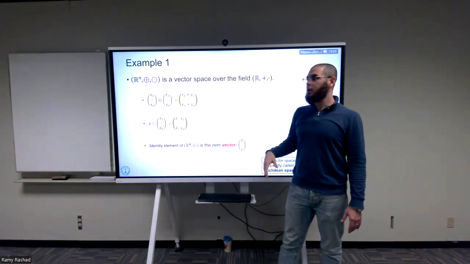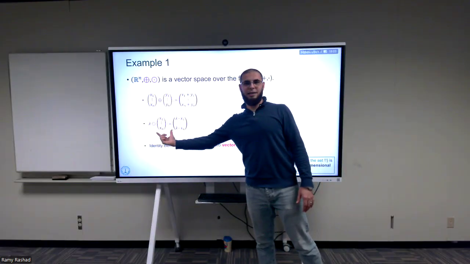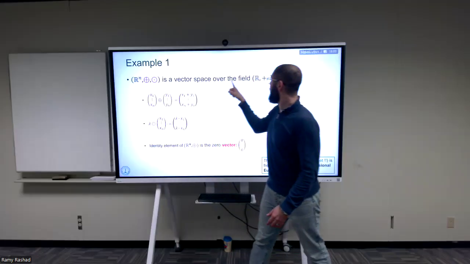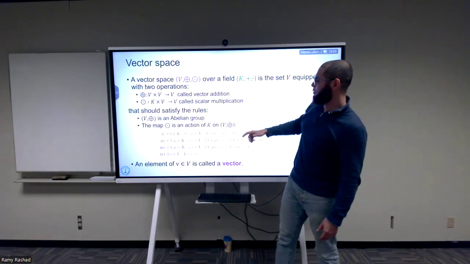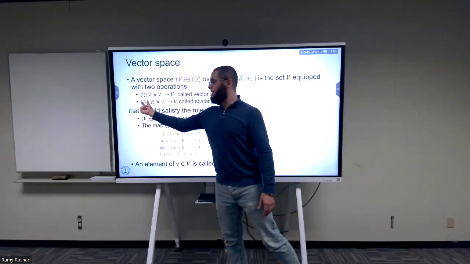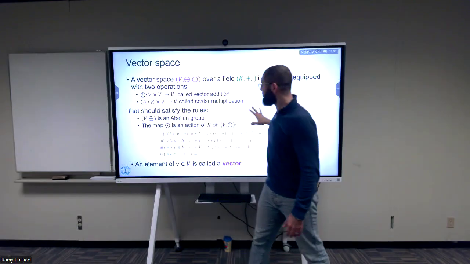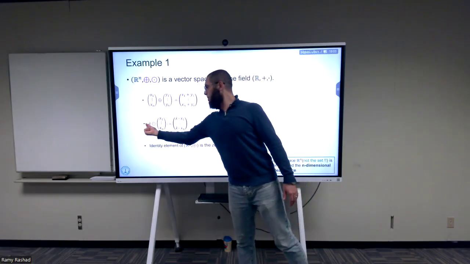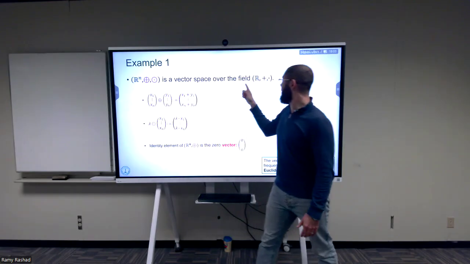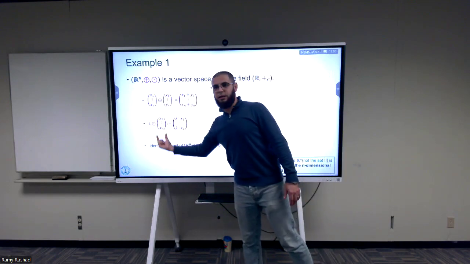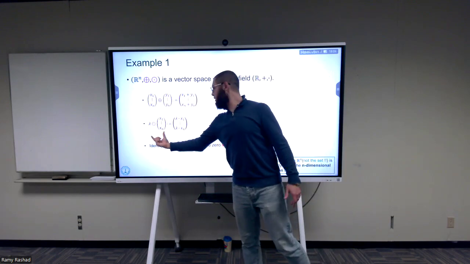I'm going to define a new operation called the scalar multiplication, which takes a lambda from K. Remember, we said that this circ multiplication takes an element from K and an element from V. So this is an element from K, where K here is the real numbers, and an element from V is an n-tuple. How do I define this operation?